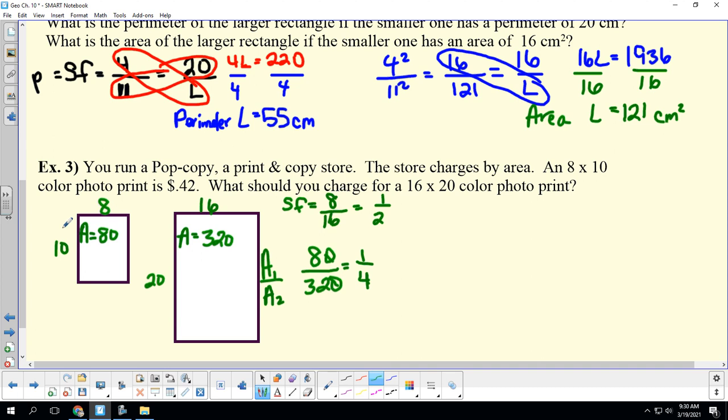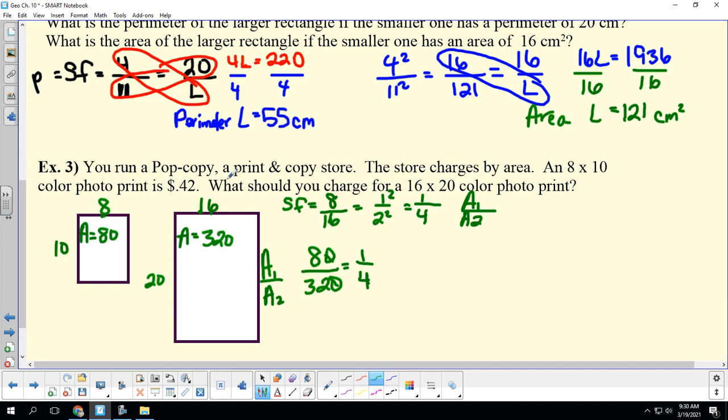If your scale factor from one of the sides on the little guy to one of the sides on the big guy is 1/2, the area ratio is going to be that same number squared. So it's 1/4 either way. You can take the areas and reduce them, or you can take the scale factor and square it.